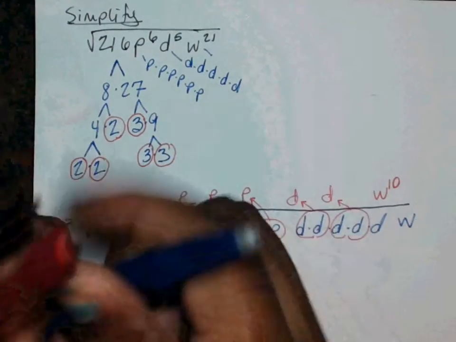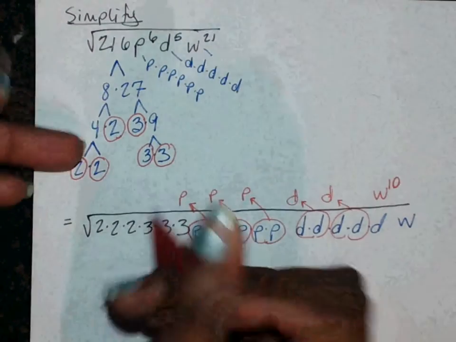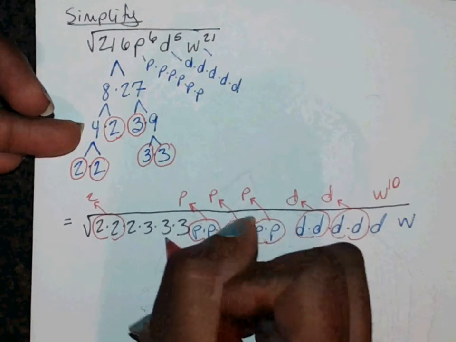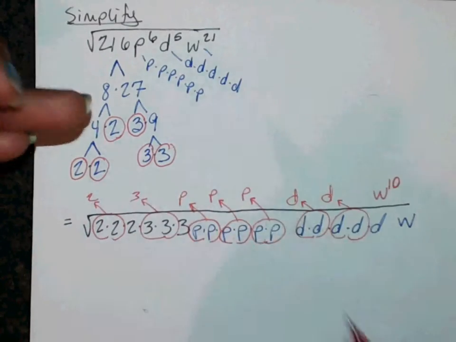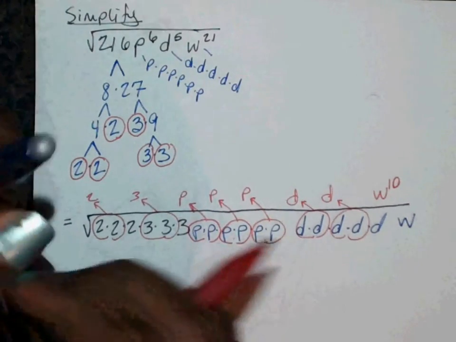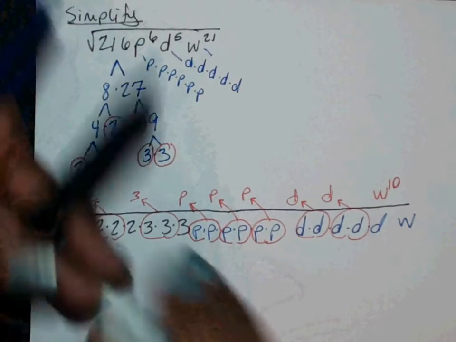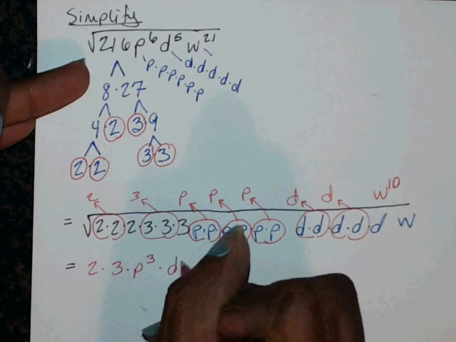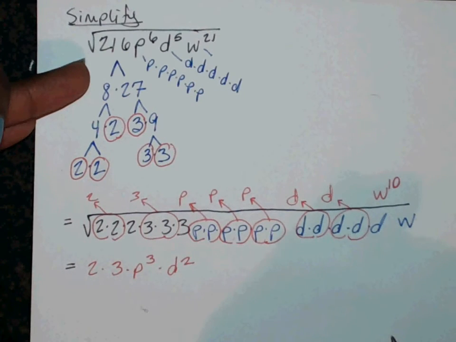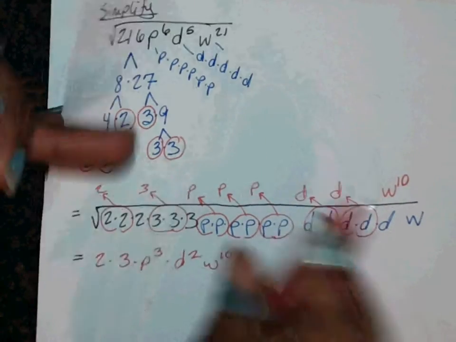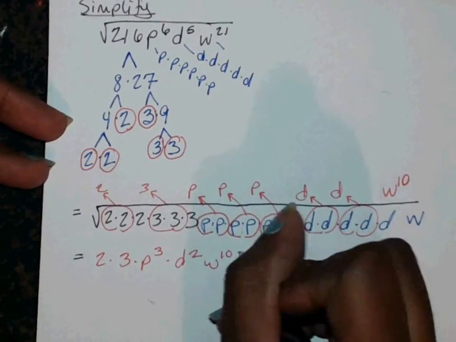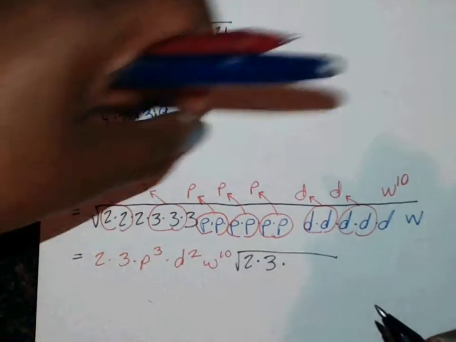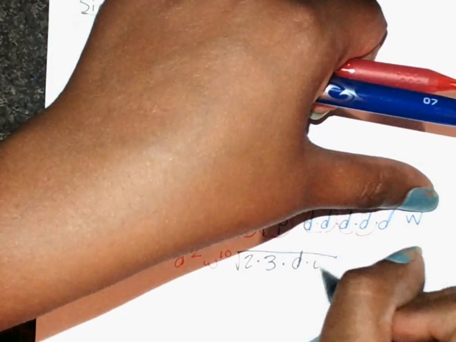Alright, so let me go ahead and figure out what moves out of my house with my numbers, with my integers. I have a group of 2 here. I do not have another 2 to go with this 2, but I have a group of 3s. So I have 2 times 3 times p cubed times d squared, and then I have w to the 10th, and then left inside the house was a 2, a 3, a d, and a w.